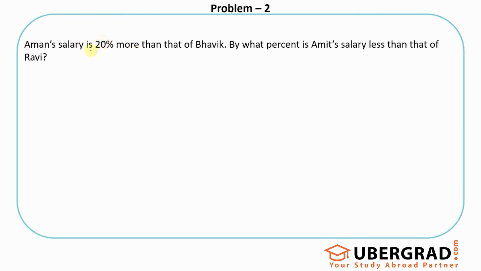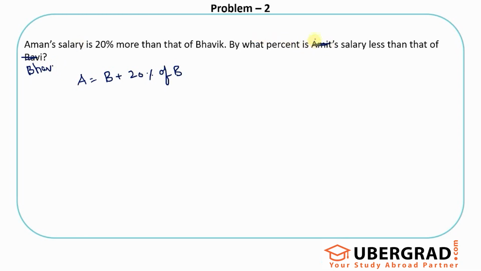So try it. Hope you have tried it. Aman's salary is 20% more than that of Bhavik. So it says Aman's salary is 20% more than that of Bhavik, right? By what percent is Amit's salary less than that of, sorry, this is a mistake, right?